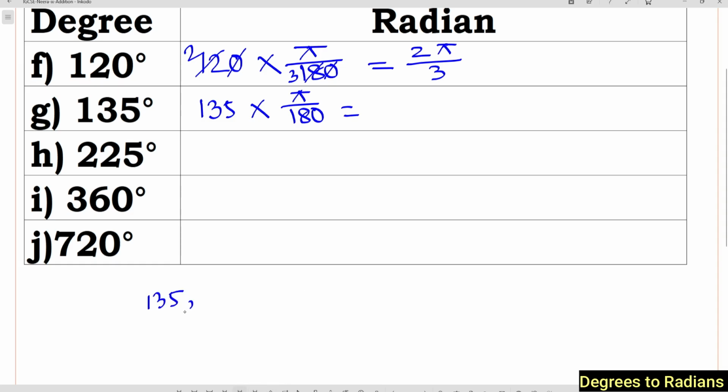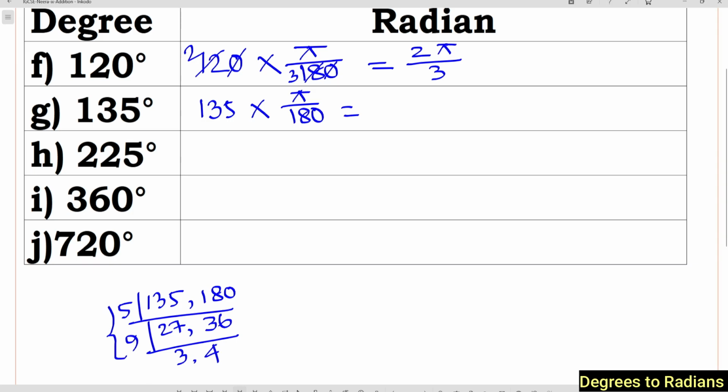We can divide by 5. 135 divided by 5 is 27, and 180 divided by 5 is 36. Then we can divide both by 9. So 27 by 9 is 3, and 36 divided by 9 is 4.